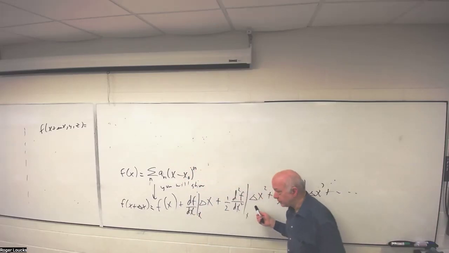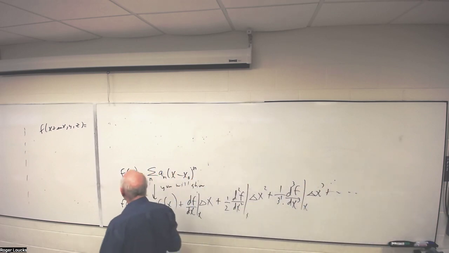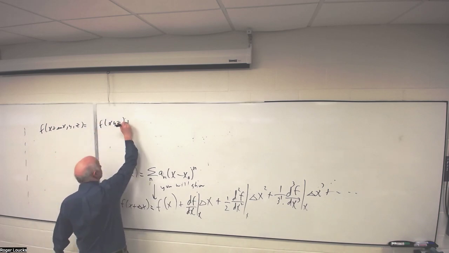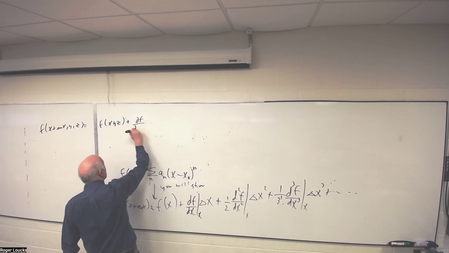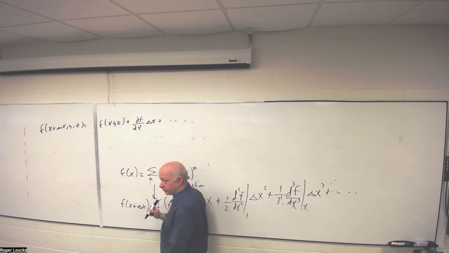We took this expression here and replaced everything with a partial. This is how we started. I'm going to suppress the x part of it, delta x, plus, I just go like this.